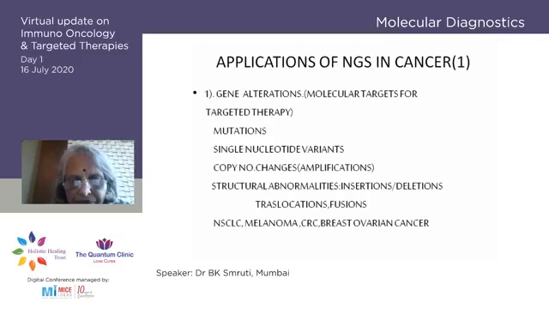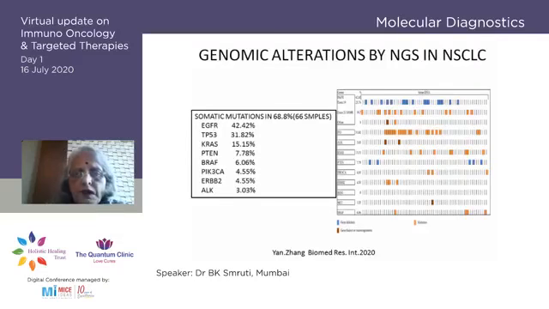Next slide. So now let us come to some of the recent data, especially from the Asian counterparts, of using this NGS, especially in lung cancer, which is the most common cancer where we use it. We are used to sequential gene target recognition, but now with the use of NGS, you can look at all these at once.